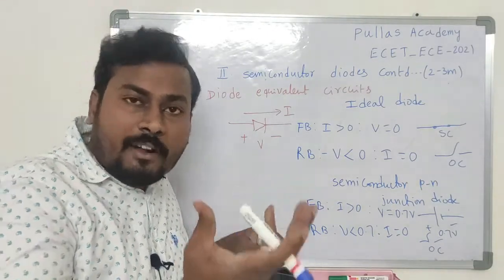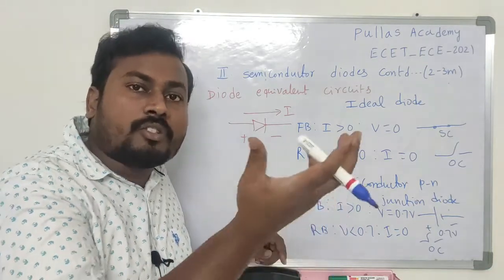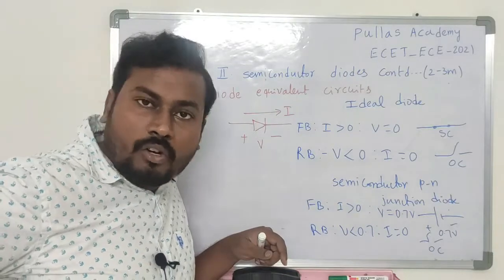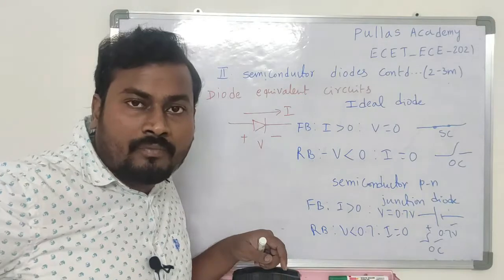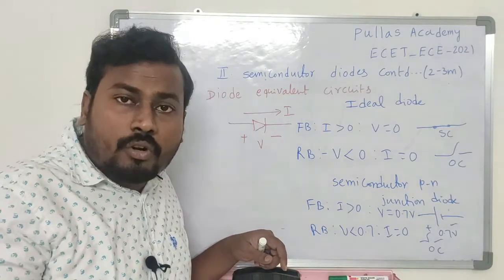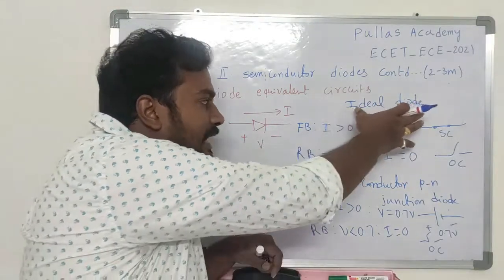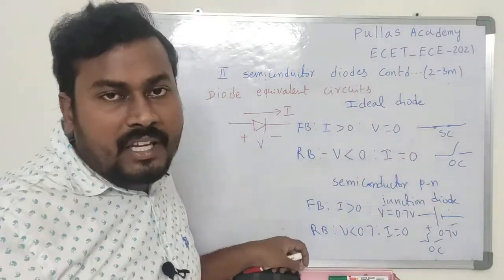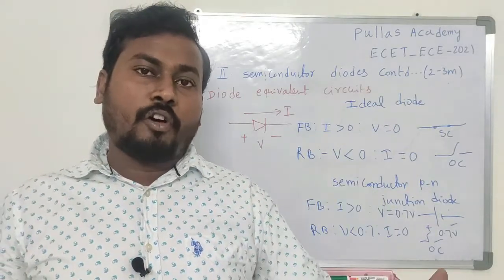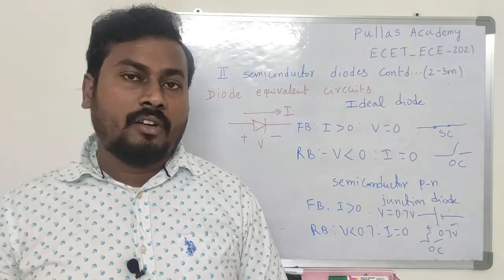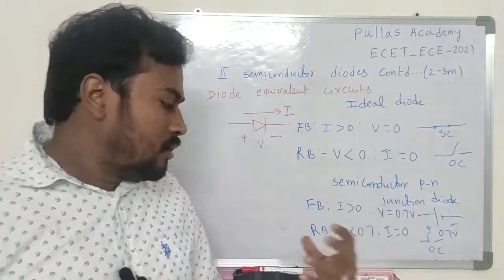Suppose you are given a diode circuit and asked to solve it. Initially we don't know whether the diode is forward biased or reverse biased, either for an ideal diode or a semiconductor PN junction diode. So I have a simple trick to solve these diode circuits. So let's see that.